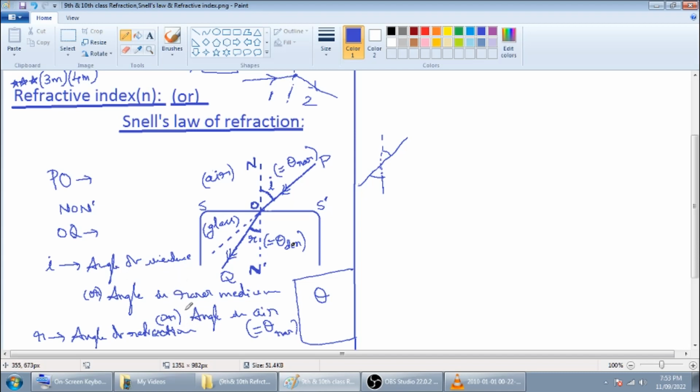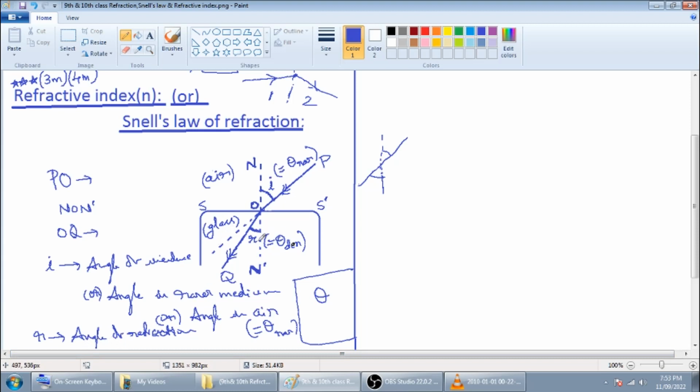I'll explain how to write the running notes, then I'll make these words clearer. Now, just for the sake of understanding and to reduce the time, I'm writing them quickly. So, angle of refraction.